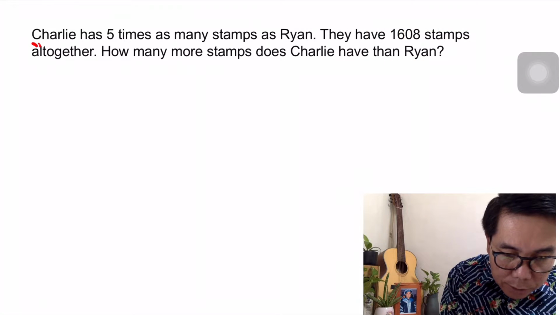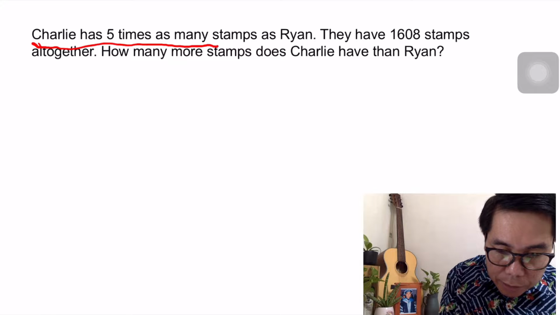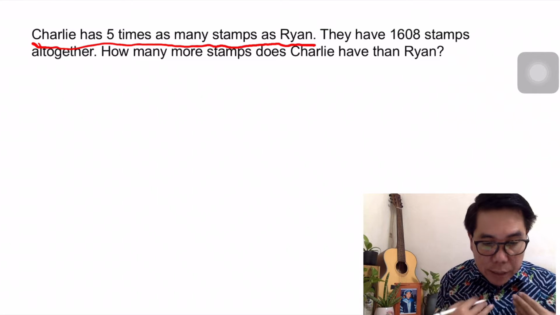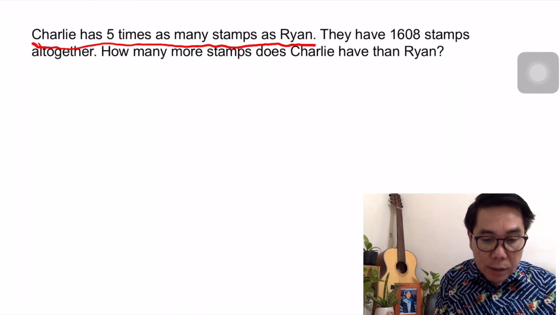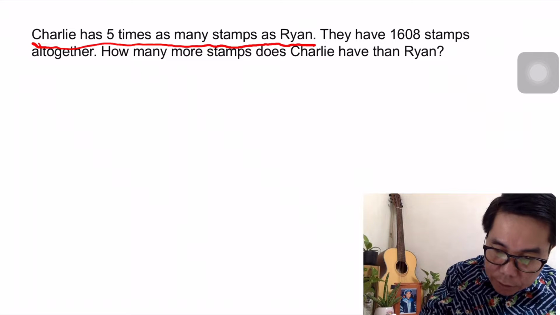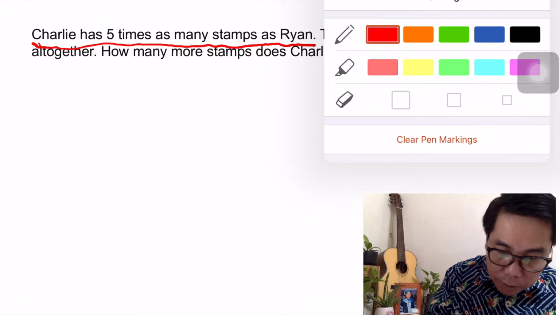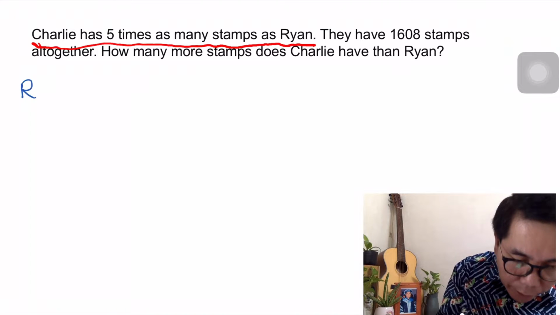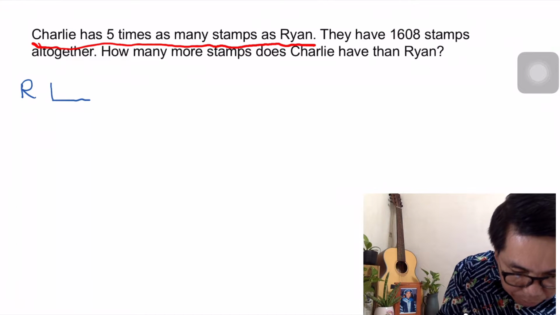Now, Charles has 5 times as many stamps as Ryan. So in that statement, we know that Charles has more stamps than Ryan. So, let's draw the model or the bar for Ryan, and that is 1 bar.